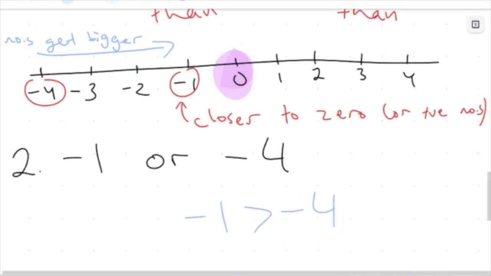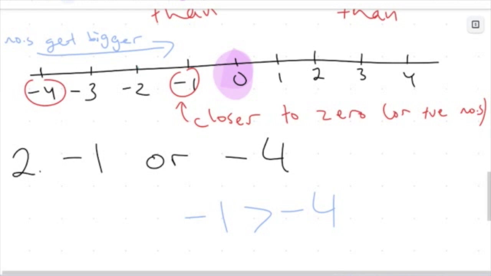We're showing that my -1 here is bigger than my -4. We can think of it as either, well, because it's to the right of -4. So if we look in the direction here, my numbers get bigger as I go towards the right. And it's also closer to 0, or closer to the positive numbers. And positive numbers are always going to be bigger than negative numbers. So those are two ways you can think about the number line. And I just wanted to give you a slow look at how we can construct the number line in the first place. So as I go towards my right, my numbers get bigger.